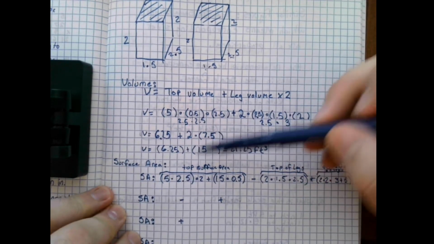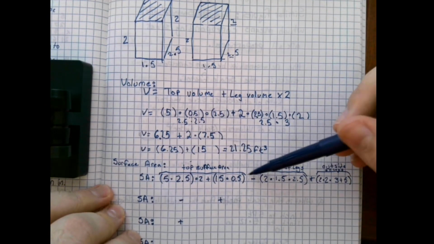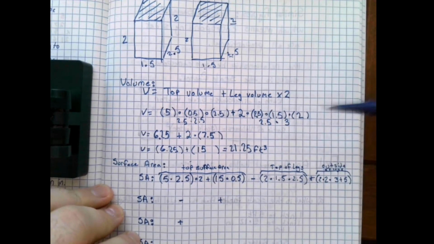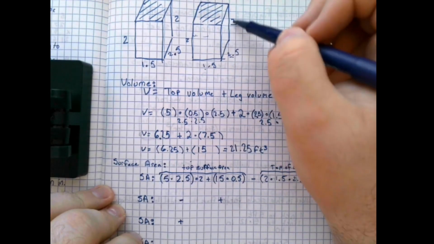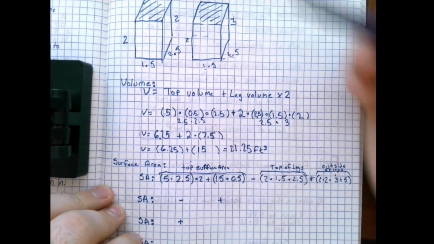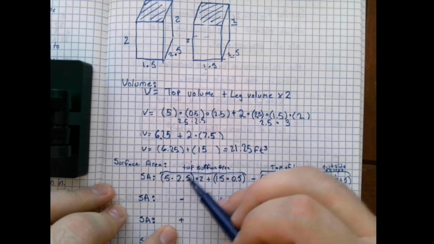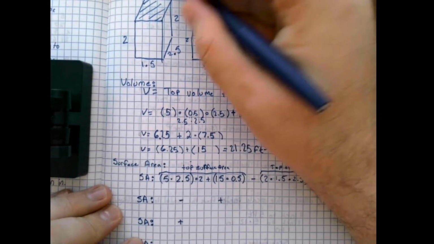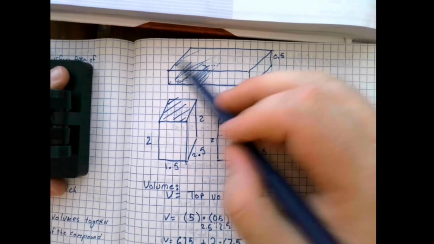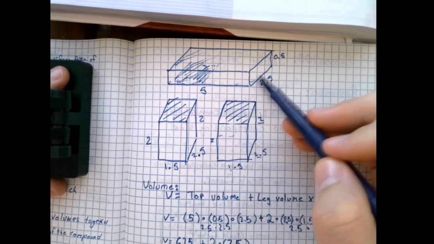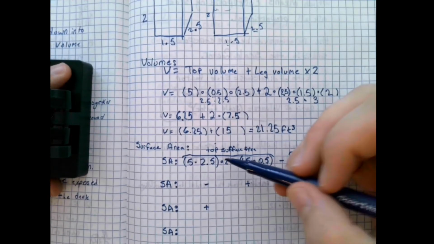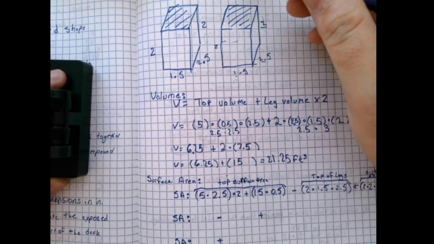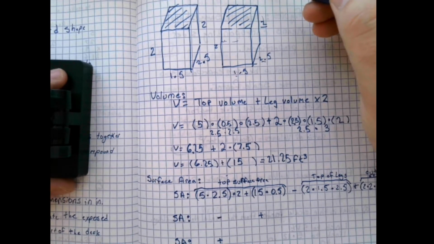Now, to find our surface area, we need the top surface area minus the top of the legs, which will be this portion here. So cutting this portion off of the surface area of the top, plus the outside of the legs, so the wraparound, the lateral area of the legs. Now, the top of the shape is going to be 5 times 2.5, which will be the top and the bottom here. 5 times 2.5, there are two of those, plus the perimeter of the base times the height. 5 plus 5 is 10. 2.5 plus 2.5 is 5.